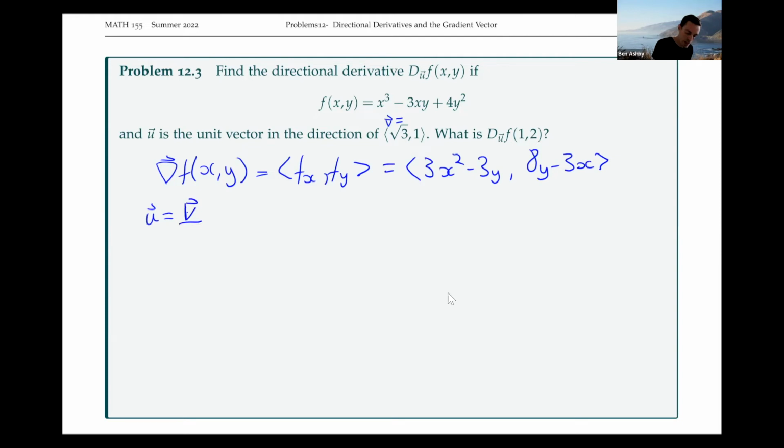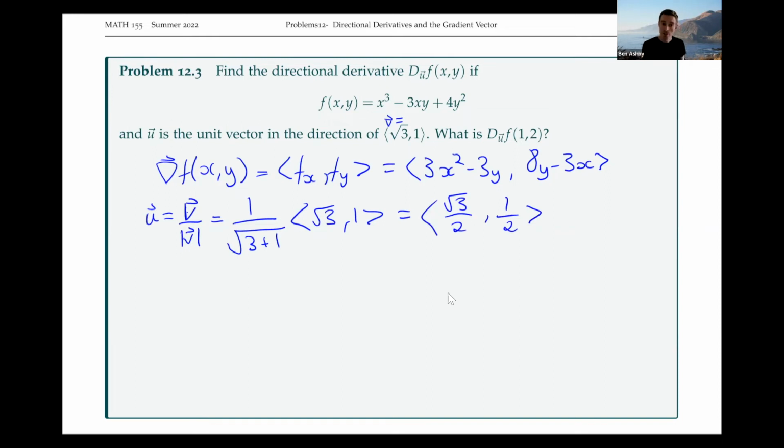That's going to be v over the length of v, which is 1 over the square root of 3 plus 1, since root 3 squared is 3 and 1 squared is 1, times our v, which is (root 3, 1). So this is just (root 3 over 2, 1 over 2). That's our unit vector that we're interested in.